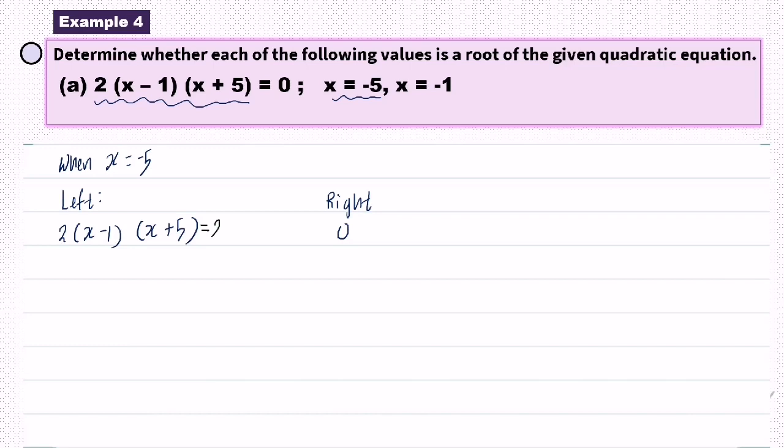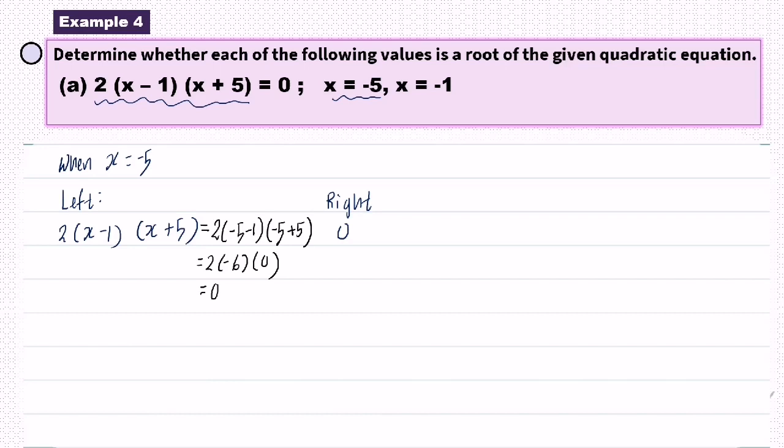So 2, x is negative 5, so (negative 5 minus 1), another bracket, (negative 5 plus 5). So equals 2 times negative 6 times 0 equals 0.